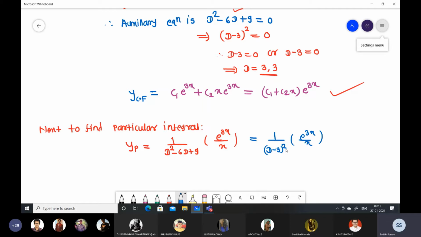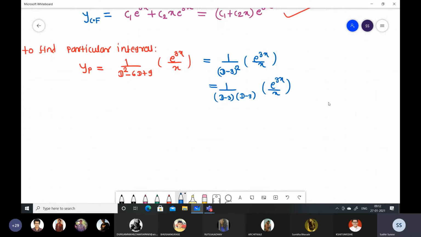Further I can write this way: 1 upon (D minus 3), in terms of product, (D minus 3), and e to the power 3x upon x. After that we have to operate 1 upon (D minus 3) successively to get the final answer. So what I will do, I'll just take 1 upon (D minus 3) outside, and inside 1 upon (D minus 3) operating on e to the power 3x upon x using the formula.